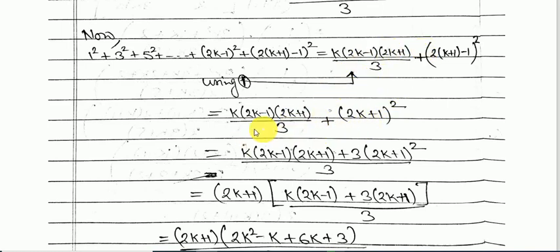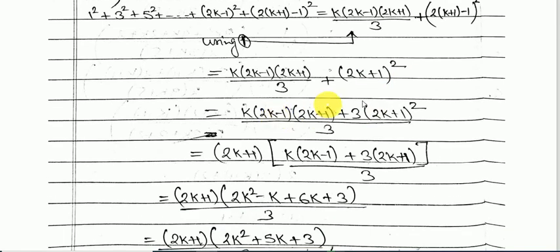I copied the same thing over here. Okay, here this is simplified, like here bracket is open, so 2k plus 2 minus 1, so you get (2k plus 1) whole square. So here take the LCM. LCM is 3, so you get k times (2k minus 1)(2k plus 1) plus 3 times (2k plus 1) whole square.